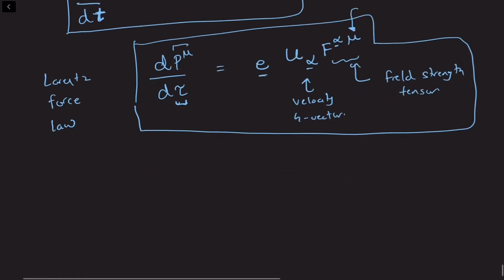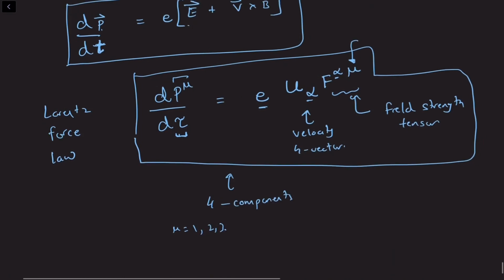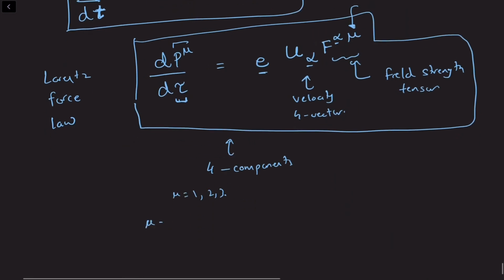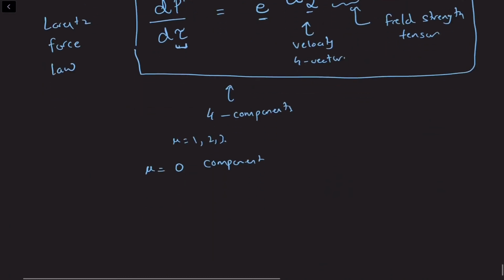Okay. However, this equation has 4 components rather than 3 components. You can check that for mu is 1, 2, 3, you would recover exactly the Lorentz force law, which we're familiar with in Galilean relativity, except this vector p would be the 3-momentum of special relativity, not the standard 3-momentum that we're familiar with from Newton's laws. Now you could ask, what does the mu is equal to 0 component tell you? And there's already a hint here.